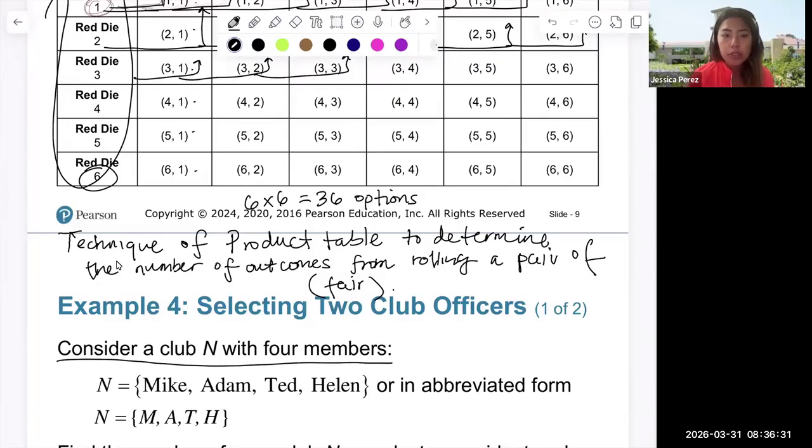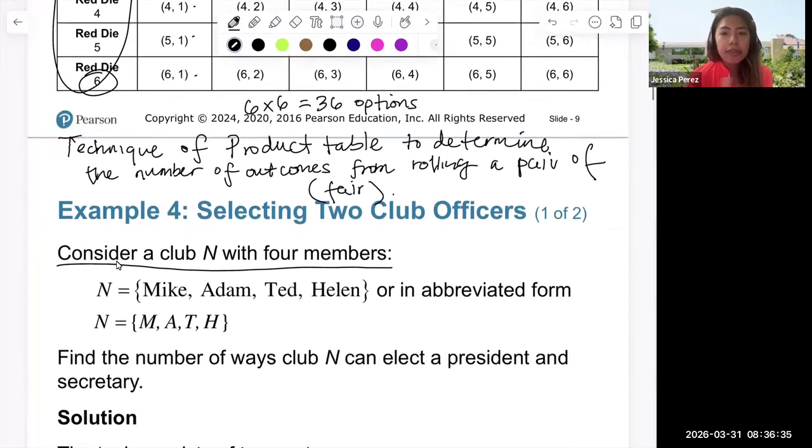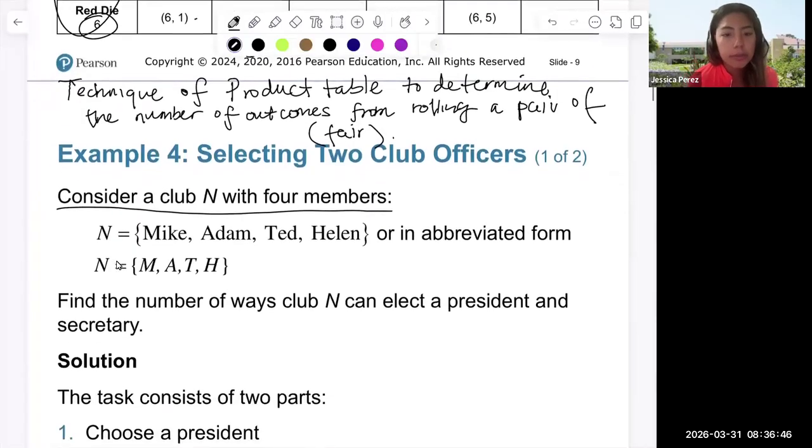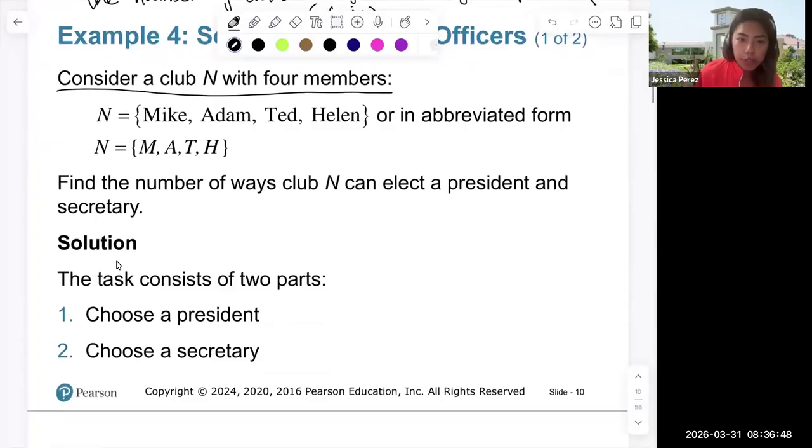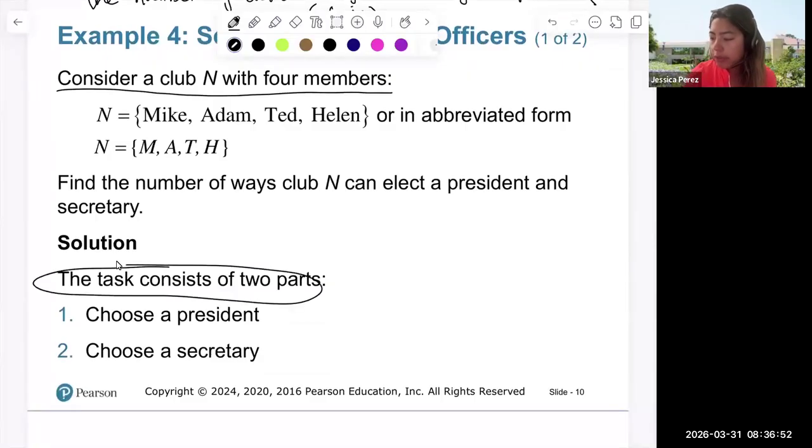So how many options can we have? So now noticing that we have a president and a secretary, we can do this using a product table. So choosing a president and choosing a secretary. So for this task, we want to first identify.